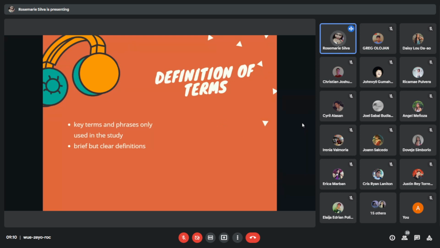Definition of terms. Okay, sa definition of terms, you only use key terms and phrases used in the study. You have to use brief but very clear definitions. Key terms and phrases used in the study. Ayaw nagdaghana kaayo. Let's just say, for example, ang study habits.